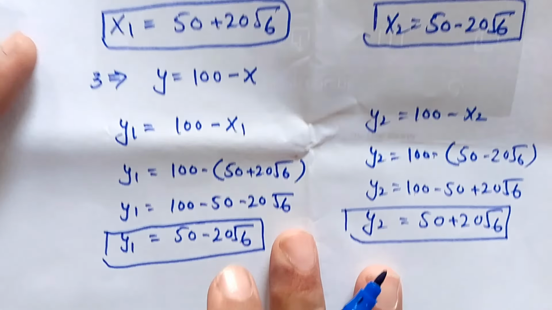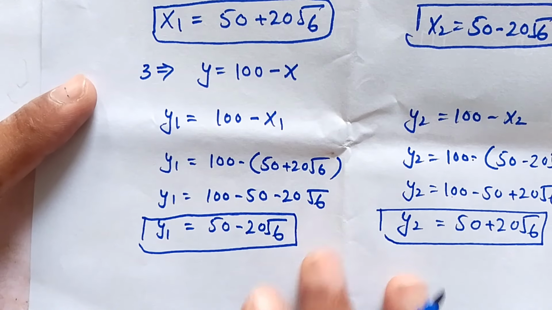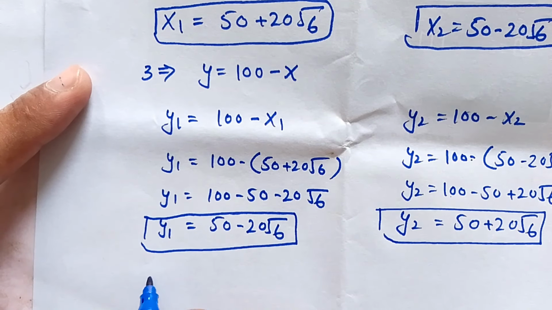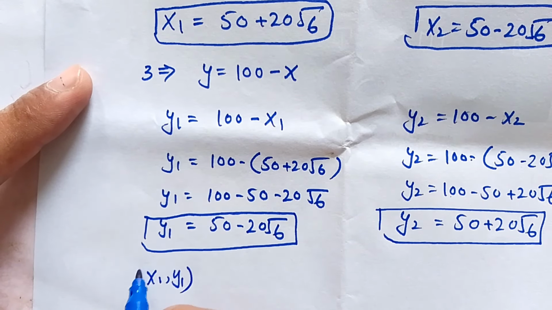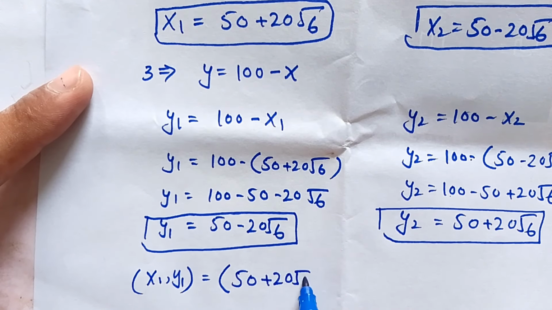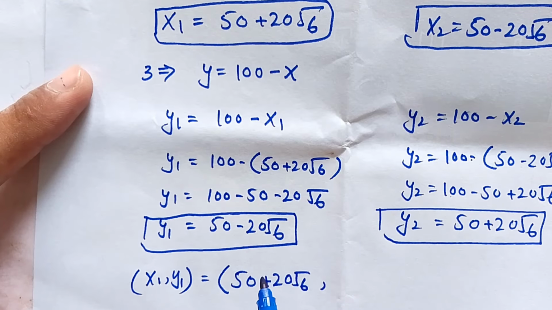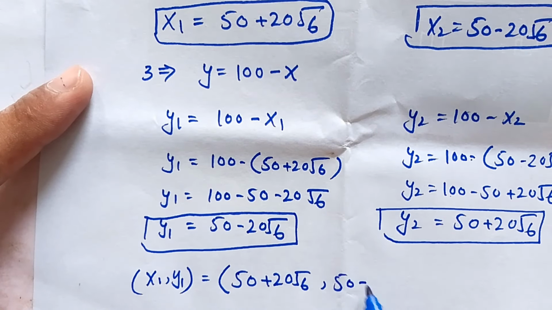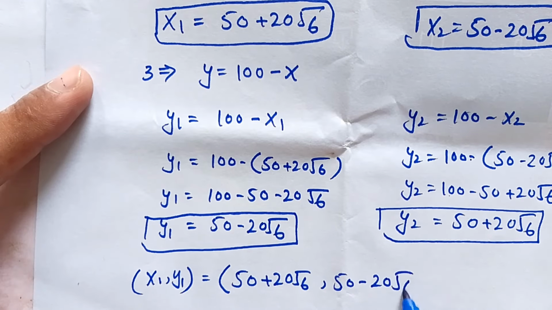So finally, the answer and the values of x and y are, first of all, x1 and y1: x1 is 50 plus 20 square root of 6, and y1 is 50 minus 20 square root of 6.